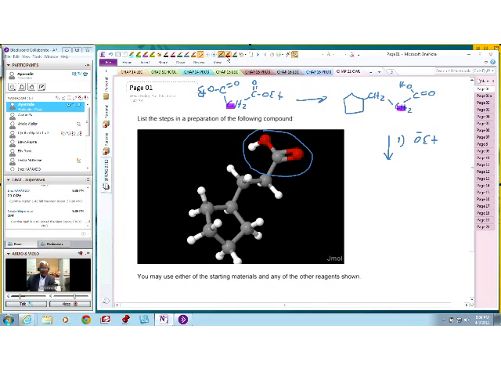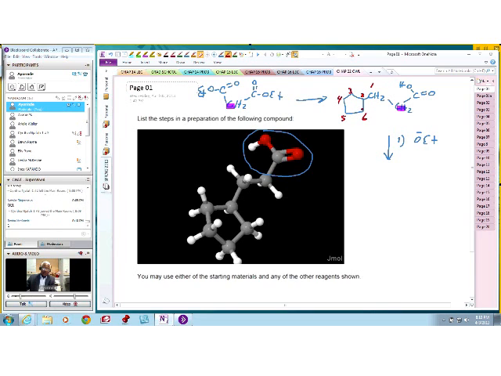Let me number these carbons for you. Okay, let us look at this here. Carbon 1, carbon 2, 3, 4, 5, and 6. Now, for your alkylating agent, the leaving group must be attached to any one of these carbons. Can you let me know which of these carbons the leaving group you are going to use will be attached to?